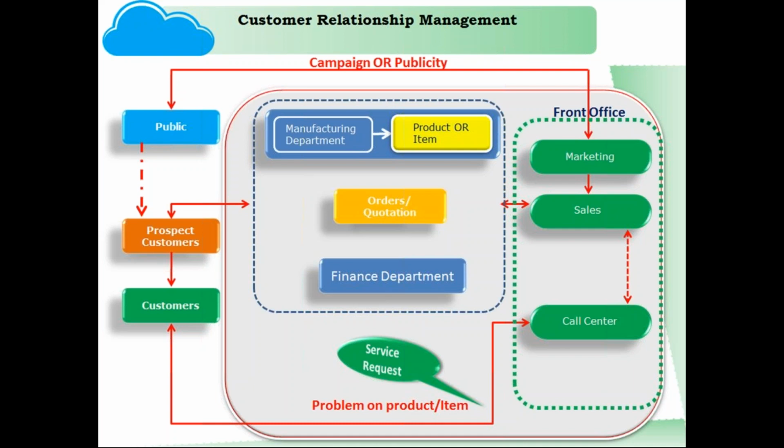Now in the marketing application, there is a drop down list, the pick list. In the drop down list, 3 options will be there: public, prospect customers, and customers. Initially it's public.